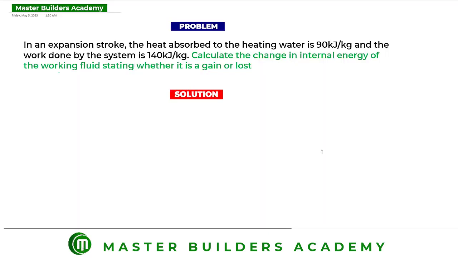All right, guys, now we have another question before us again. Remember, we are still solving problems. Now we have before us, in an expansion stroke, the heat absorbed by the heating water is 90 kilojoule per kilogram, and the work done by the system is 140 kilojoule per kilogram.